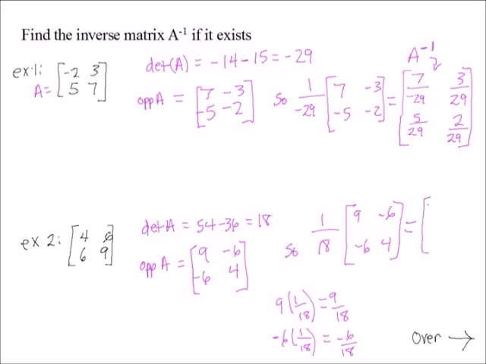So here's my matrix. 1/2, -1/3, -1/3, and 4 over 18, if I wanted to do a decimal or anything, but this would be 4 over 18, and once you reduce, that's going to be 2 over 9. So this is 2 over 9. Okay? So here is your inverse matrix. Okay? One last example.